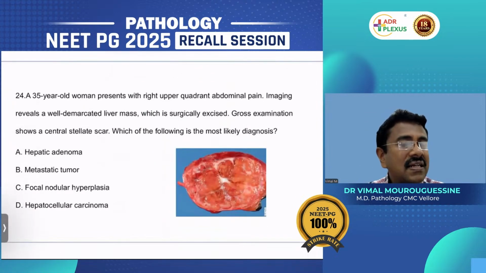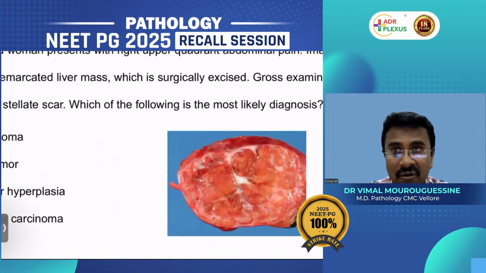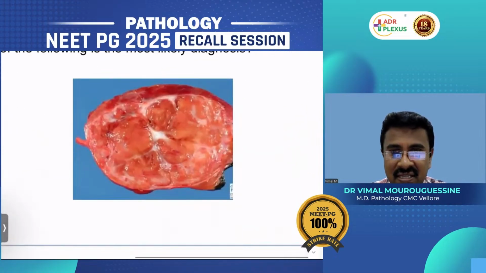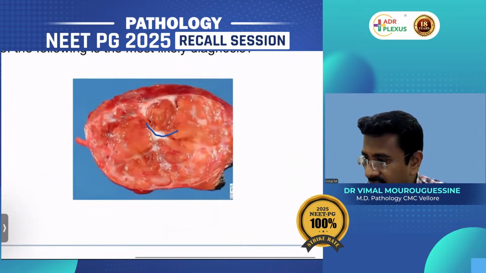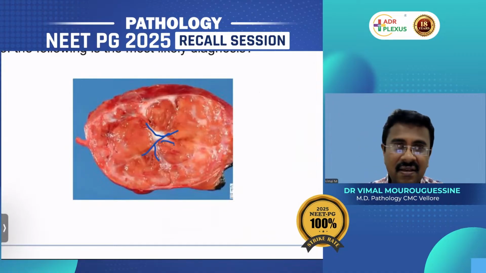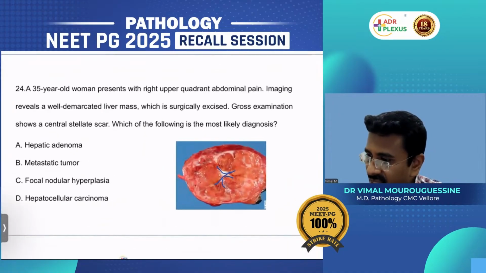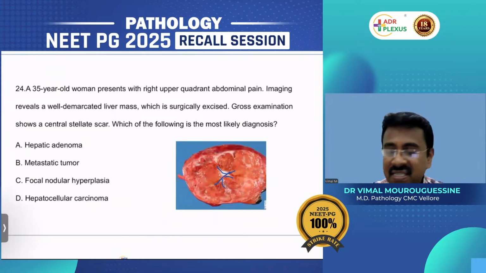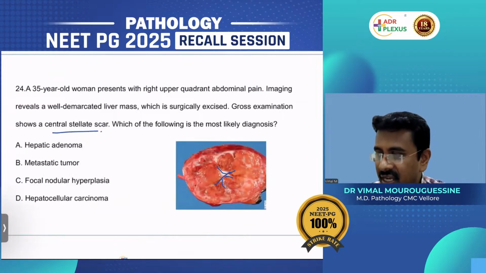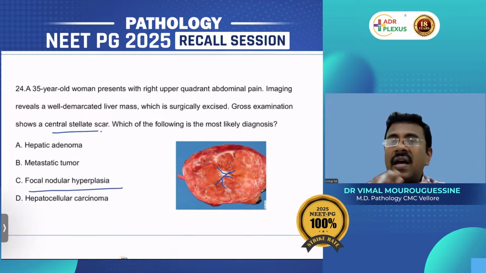The people are saying that there was an image given of a liver mass, where you can see this central stellate scar. So this is a typical case of a liver mass with a central stellate scar. You will usually be thinking of focal nodular hyperplasia. Hepatocellular carcinoma will not have this stellate scar.